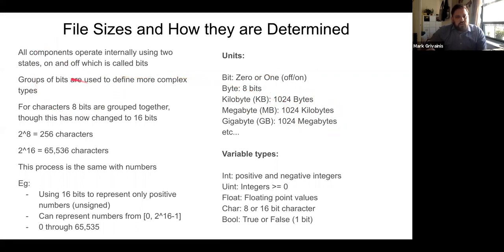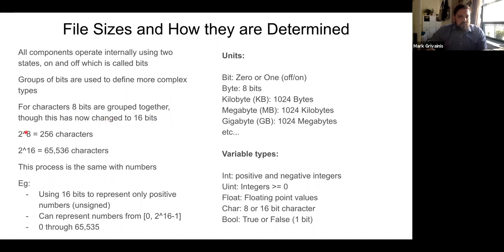So for an example, if we wanted to store characters, so any type of character on a computer, generally they are stored as 8 bits of information. So 8 zeros and ones grouped together make up a character. Though with all of the emojis coming out now, they ran out of space in 8 bits. So now there are 16 bits worth of information when storing characters.